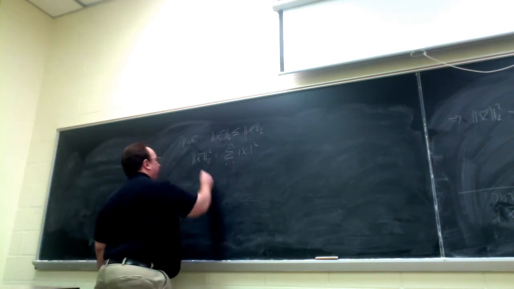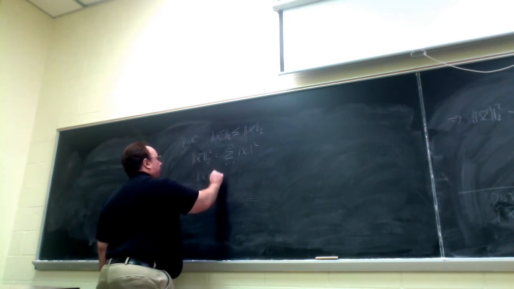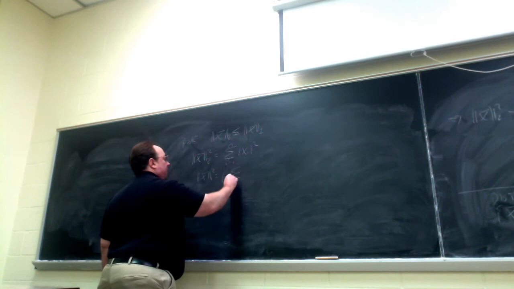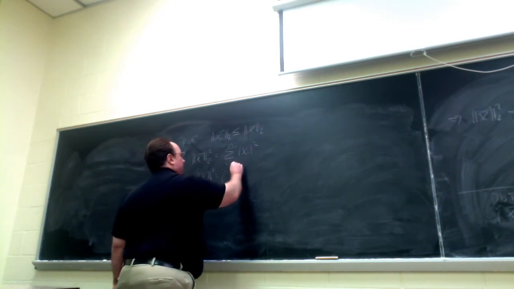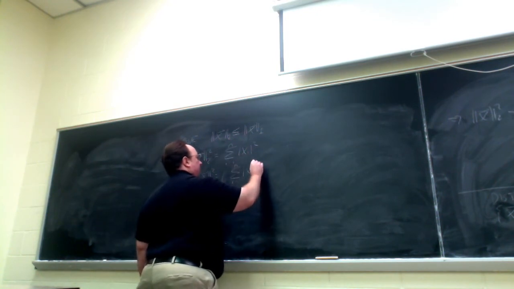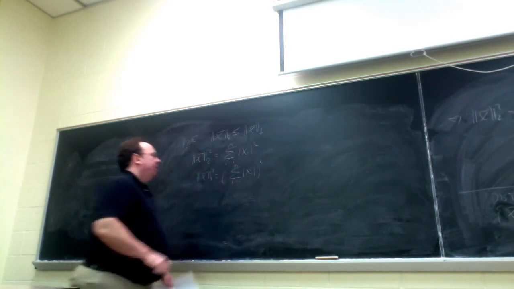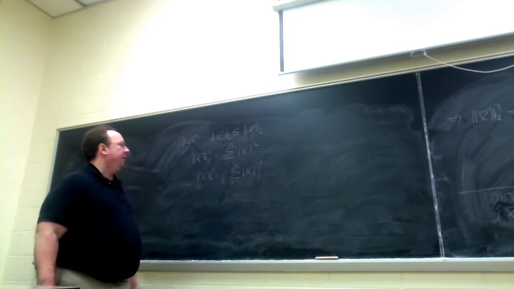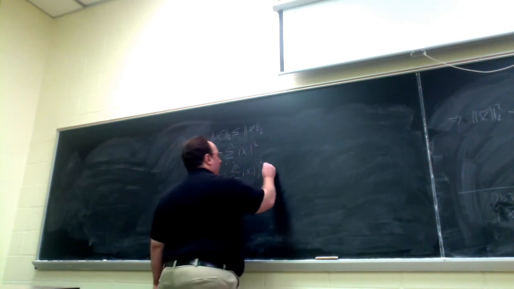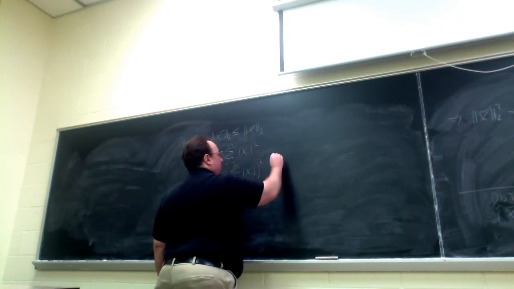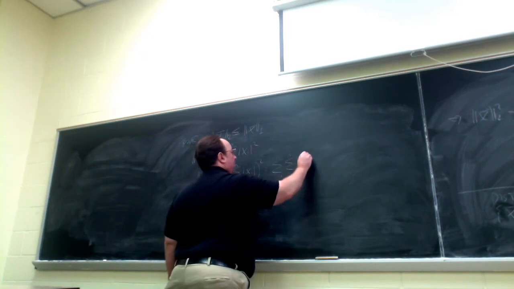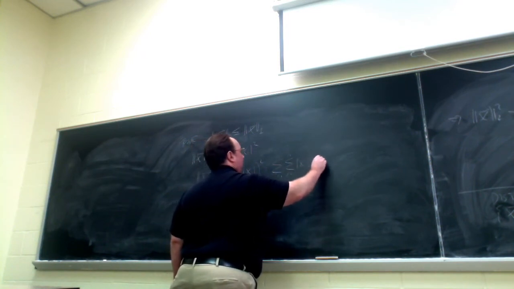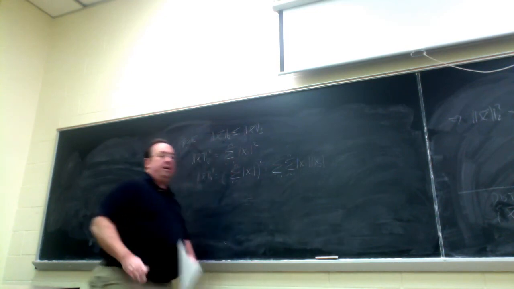On the other hand, the 1 norm squared, so I'm going to take this whole sum and square it. That's going to be a double sum of absolute value of xi times absolute value of xj.